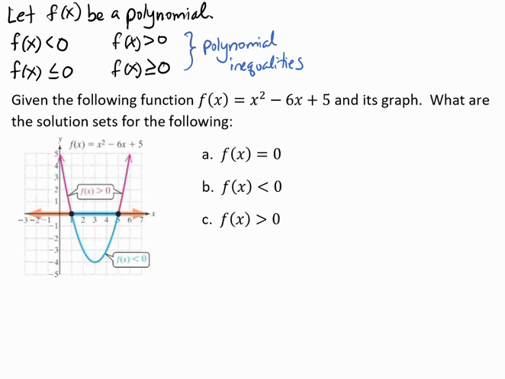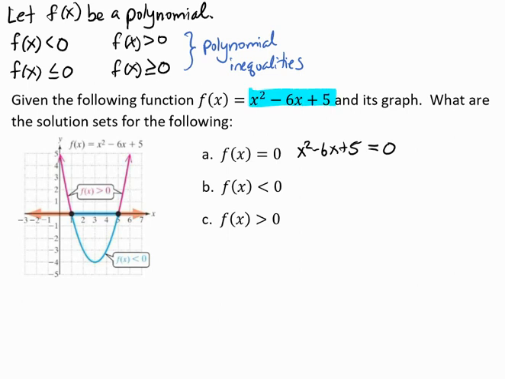Essentially, it's all about getting our function on one side and setting it equal to, less than, or greater than 0 on the other side. So we want to know where is x squared minus 6x plus 5 equal to 0?